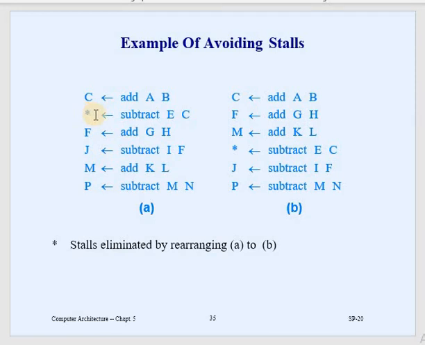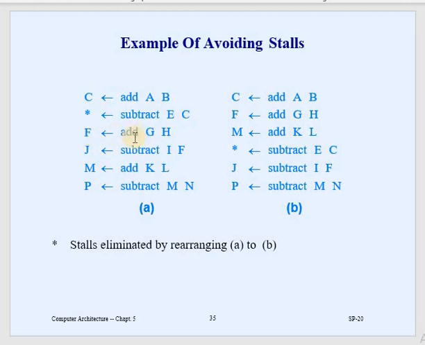This star shows that stalls can be eliminated by rearranging A to B. The star means the stall is coming, because once C is not computed, we cannot get the result of the second instruction.